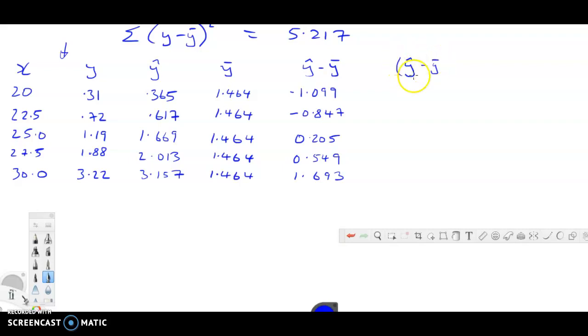And then we'll have to square each of these, so we're going to have (y hat minus y bar) squared in all 5 cases, and that'll give us 1.208. Here will be 0.717.